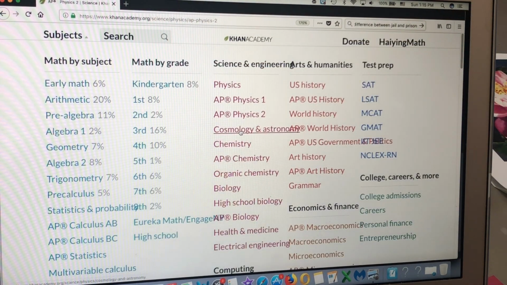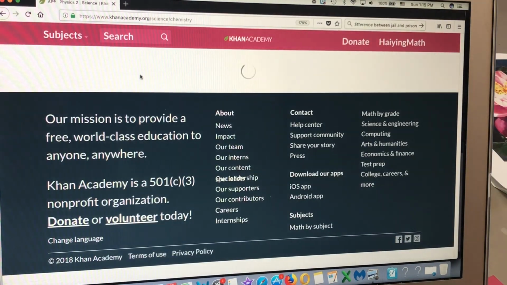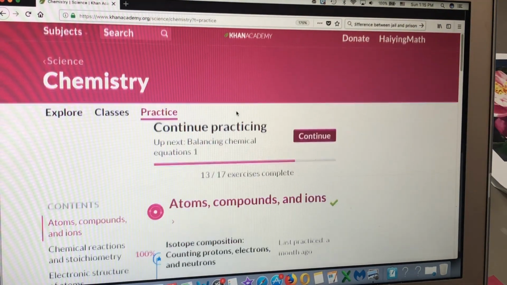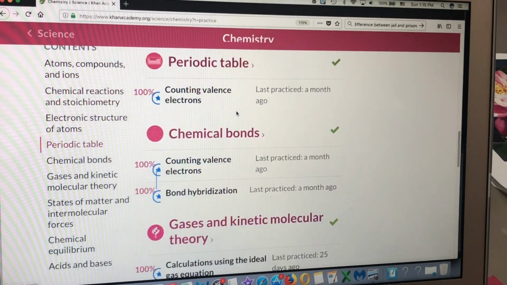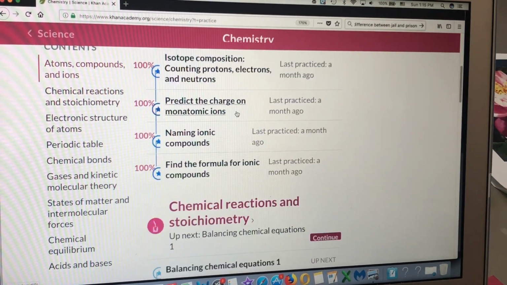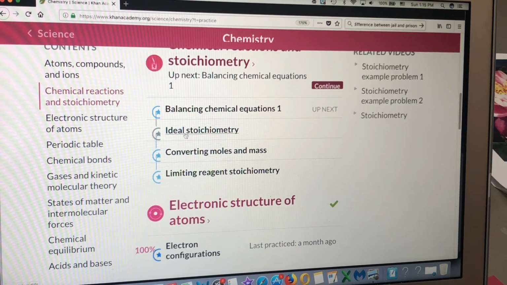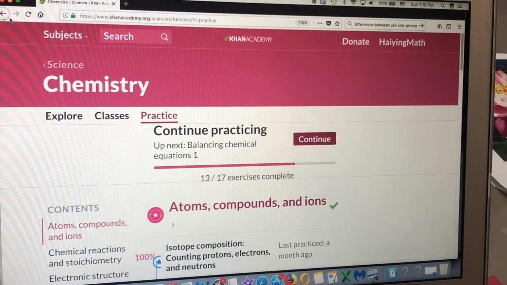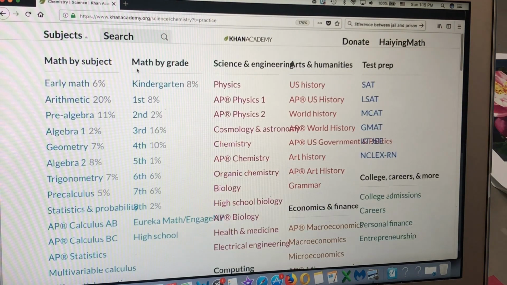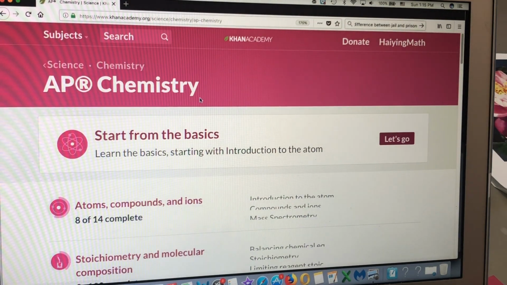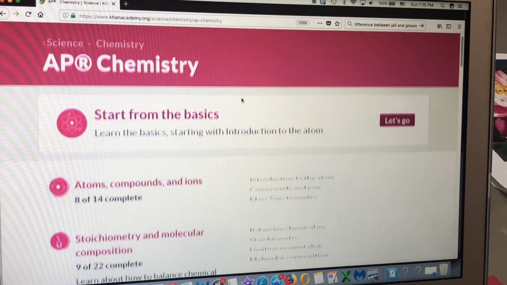And chemistry, there is practice. This is a normal chemistry. There are practices, and I have done a lot of them. I didn't do this one, maybe because I have done this. Okay. And AP Chemistry. Unfortunately, in AP Chemistry there is no practice.